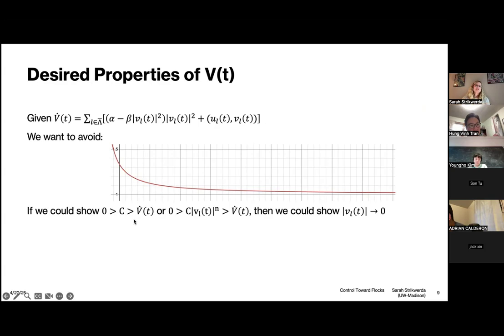So really, we want to show that the derivative of this capital V is less than some constant, or it's even good enough if it's just less than some constant times the VL of t to the n. Then we can show that VL of t goes towards zero, and that's what we want.